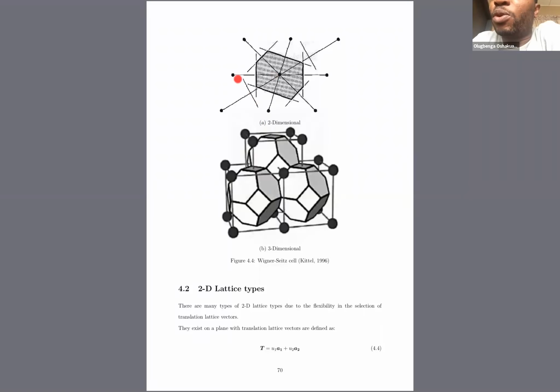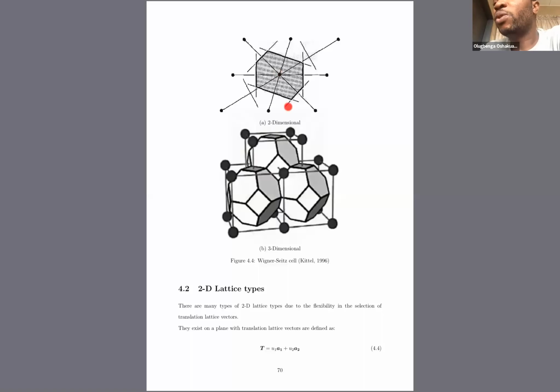When we come to point 2, this is the midpoint between the central point and point 2, and we also insert a perpendicular bisector. We do the same for point 3 and point 4. Perpendicular bisector means the bisector is perpendicular to the line joining the central point and the neighboring point, and on and on.